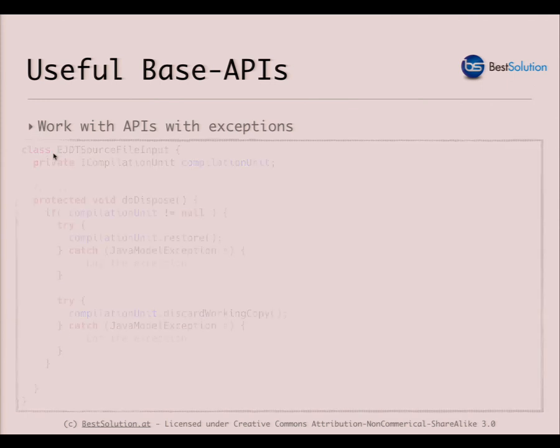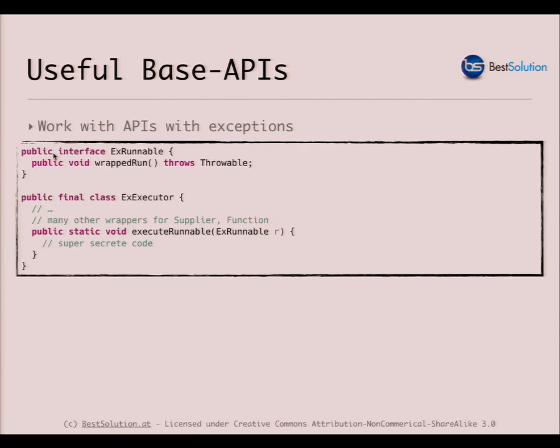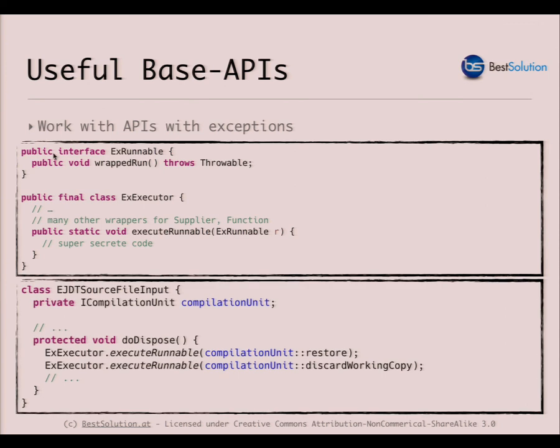So we have invented an API which is a Runnable that throws a Throwable, and then we have an executor which we can use to make the code look like this with method references in Java 8. This makes your code much more concise and does exactly what you expect it to do. It catches the exceptions and logs them to the system logger.